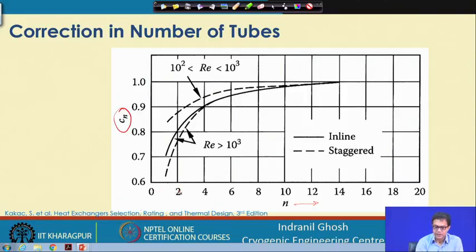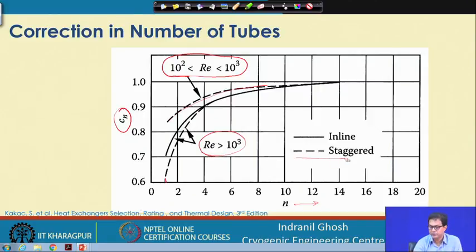So, we see that if the number of tubes is 1, then we have a certain Cn value, for different Re values also. If the Re value is between 10 to the power 2 and 10 to the power 3, we have a certain kind of correlation. If Re is greater than 10 to the power 3 or 1000, then we have some other kind of relation.